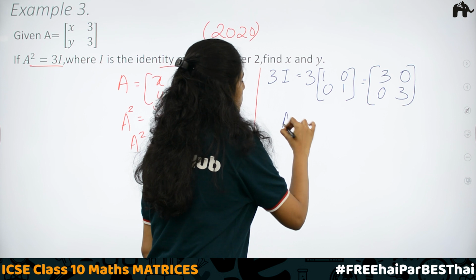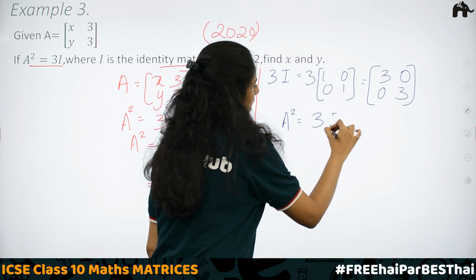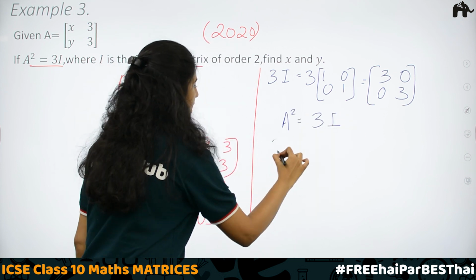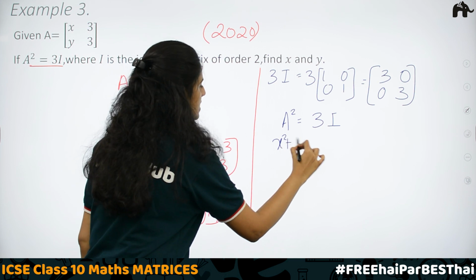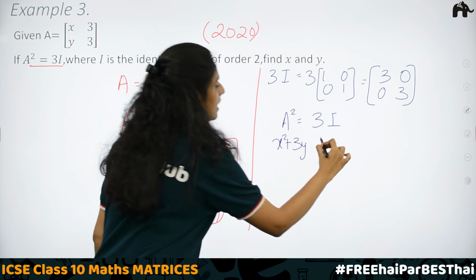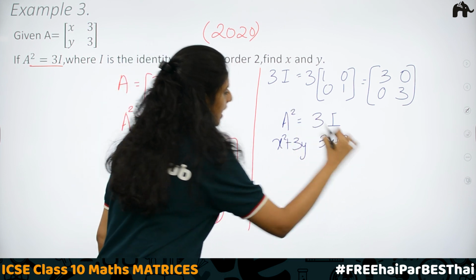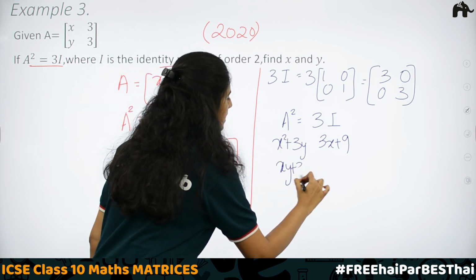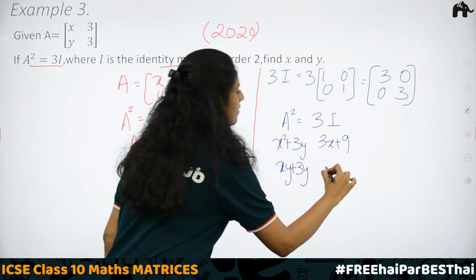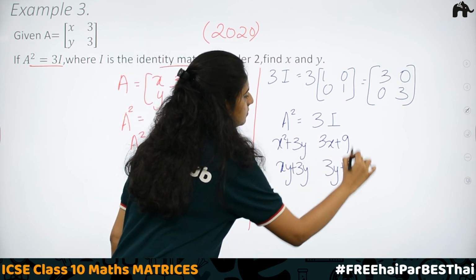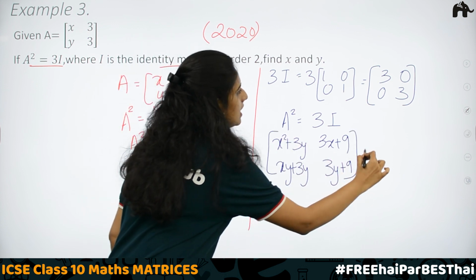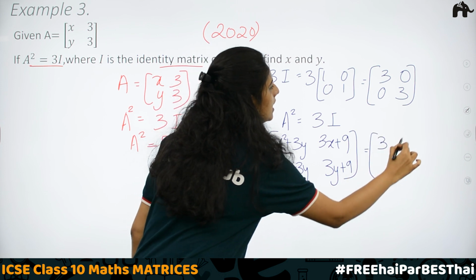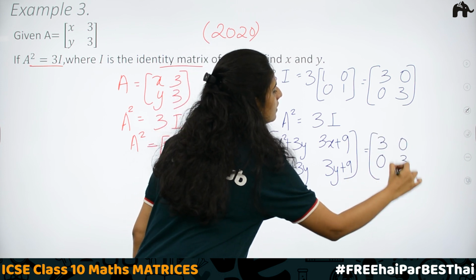We have A square is equal to 3I. What is A square? x square plus 3y, then 3x plus 9, xy plus 3y, 3y plus 9. Okay, this is equal to [3 0; 0 3].